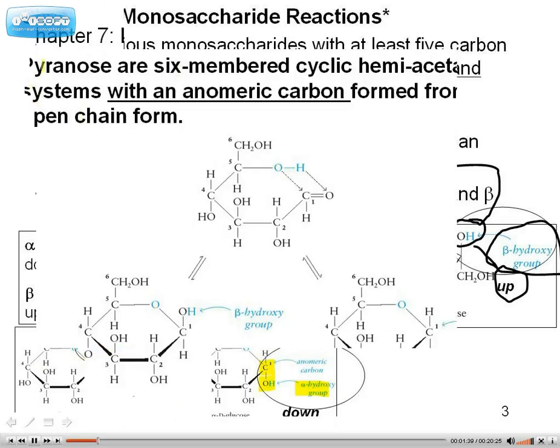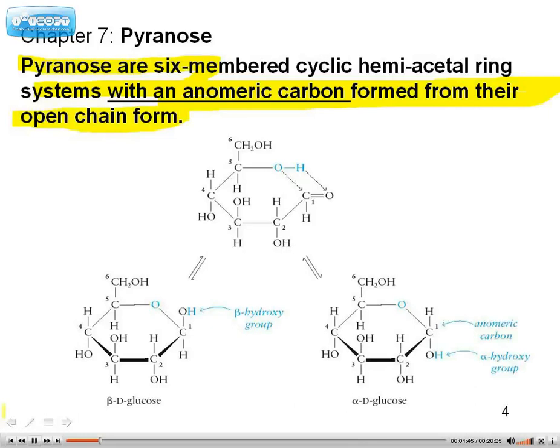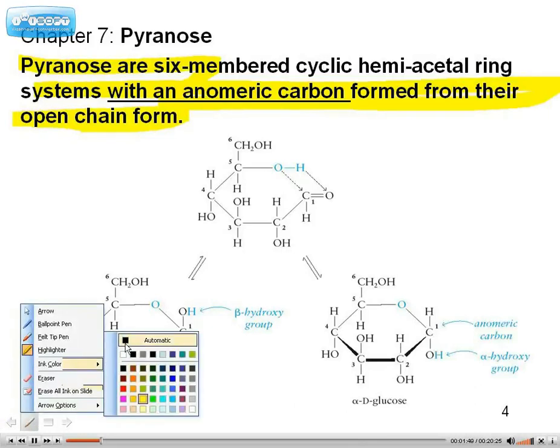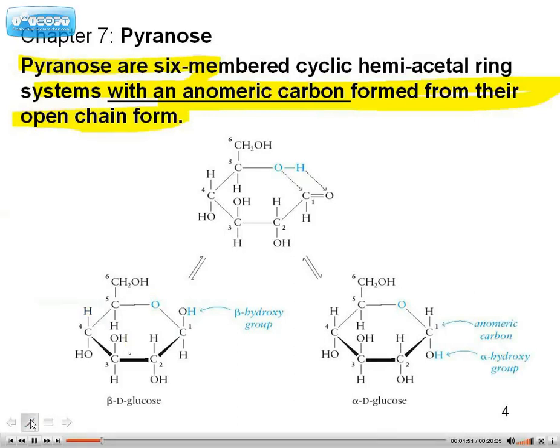Now, other terminology you need to know, memorize this terminology right here. Pyranoses, pyranoses, or tomato, tomato, depending on how you say it. But I'm going to use a red pen.